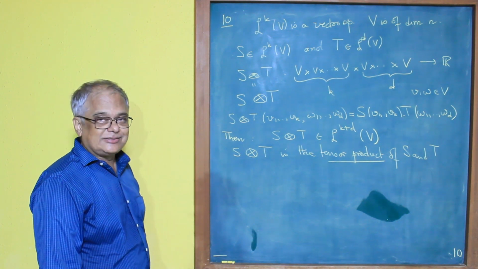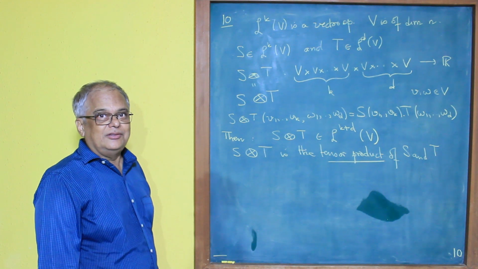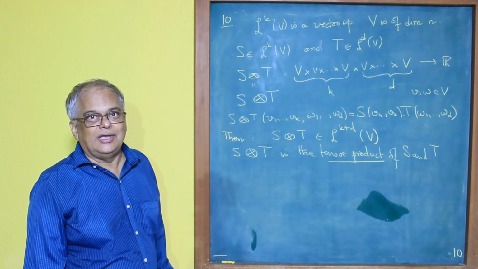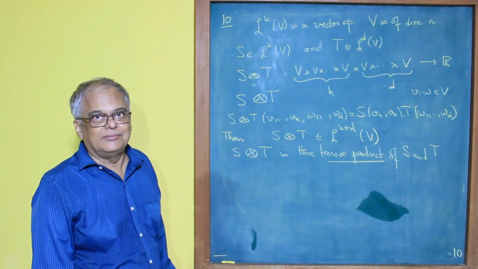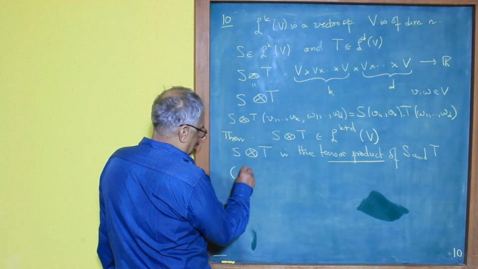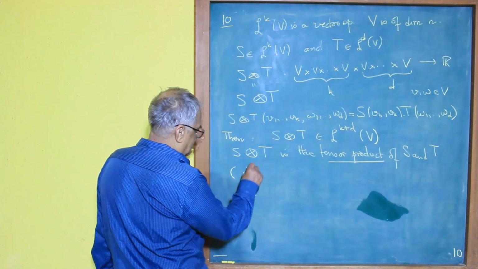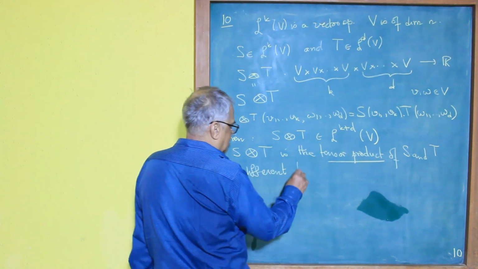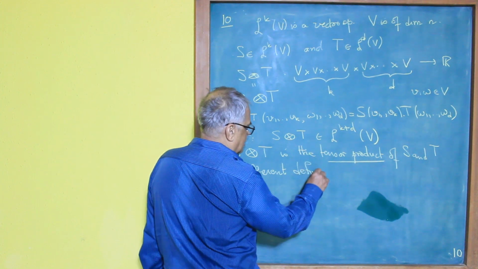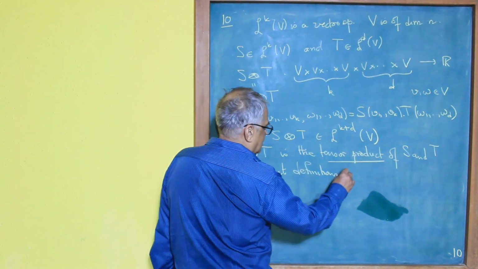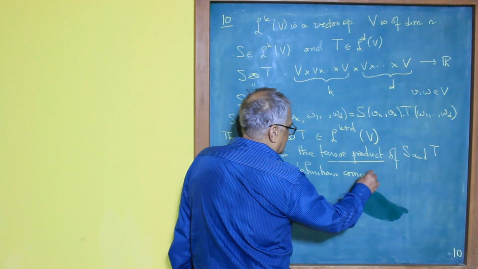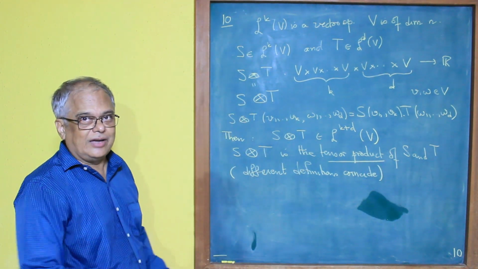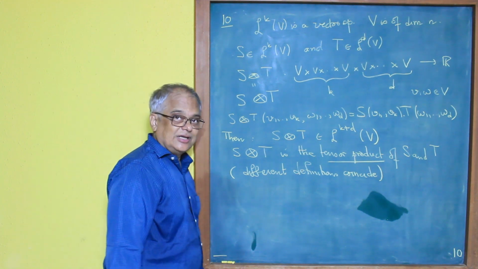It is a good exercise to show that these different definitions of tensor products in fact coincide, are the same. This is a very good exercise to try and understand.